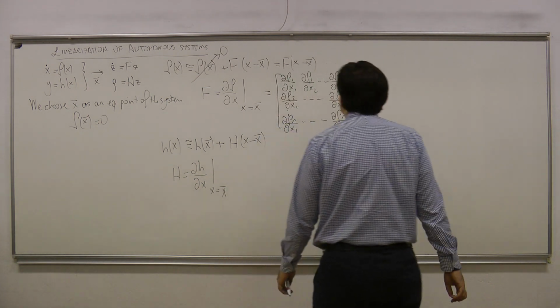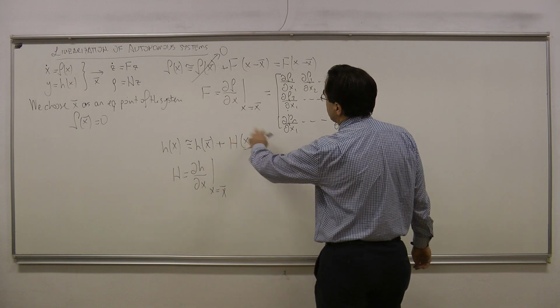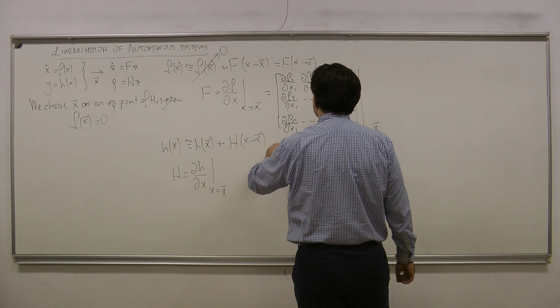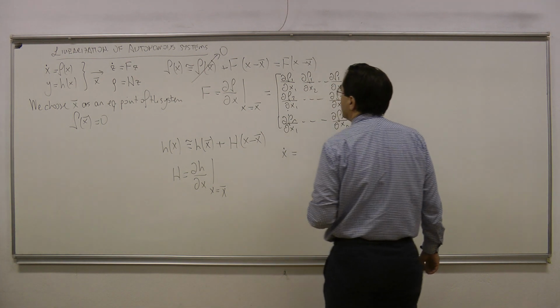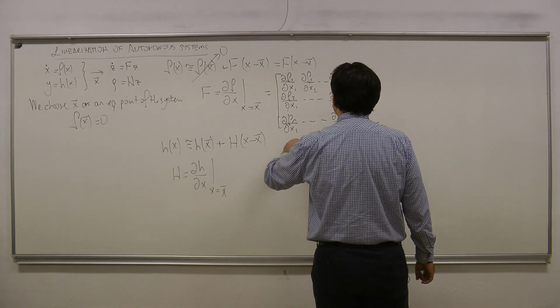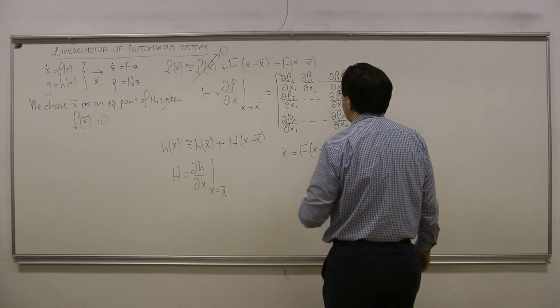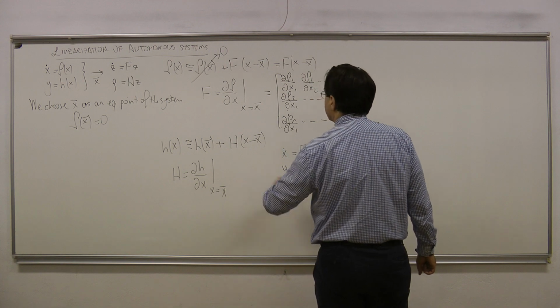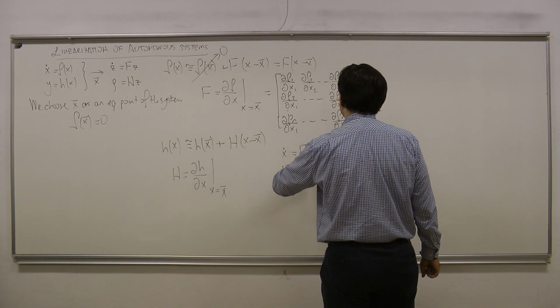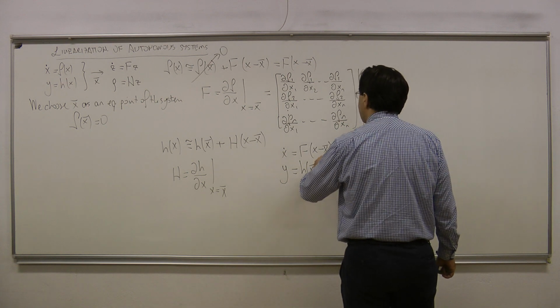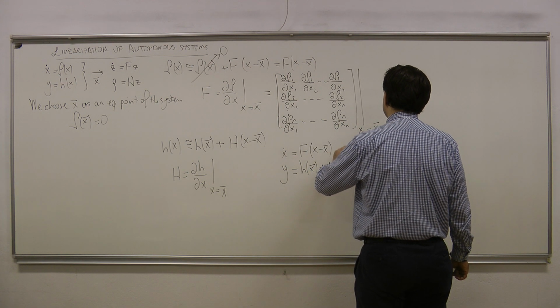So now let us try to substitute these approximations into those system equations. x dot is equal to F times x minus x bar, and y is equal to h of x bar, a constant term or zeroth order term, plus H times x minus x bar.